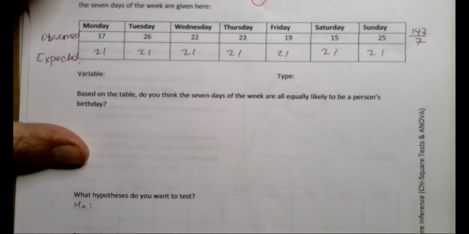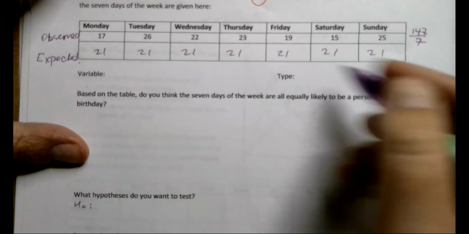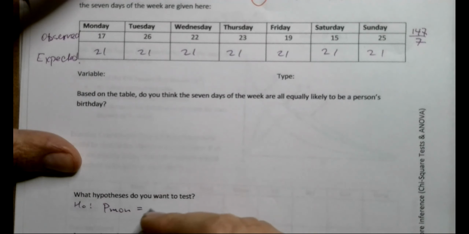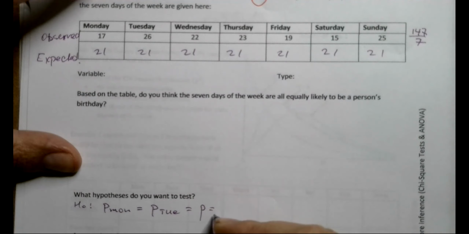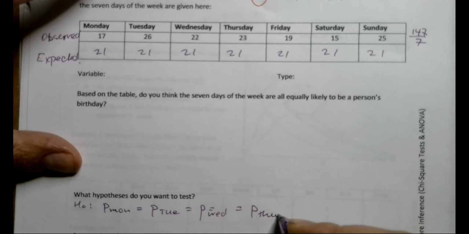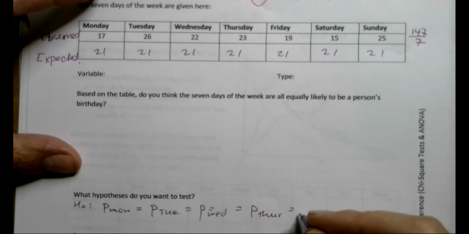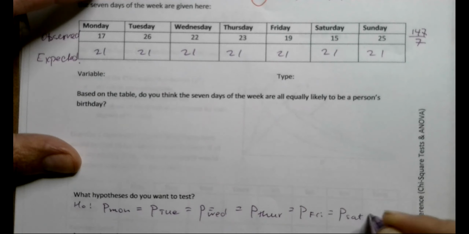Our null hypothesis would be that the proportion of people born on each specific day of the week is consistent. So the proportion of people born on Monday is the same as the proportion born on Tuesday, same for Wednesday, Thursday, Friday, Saturday and Sunday.